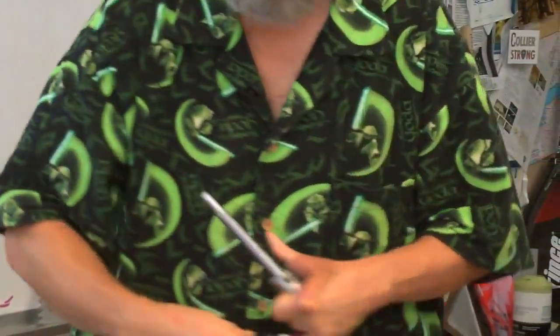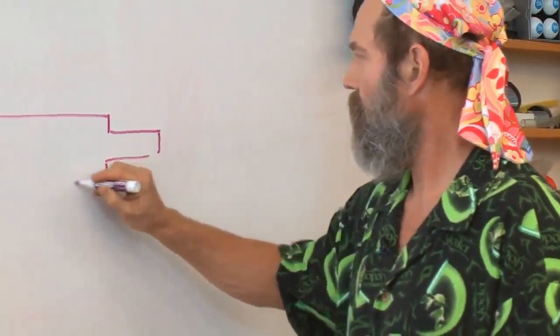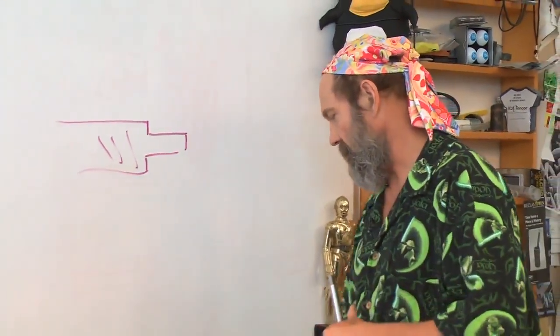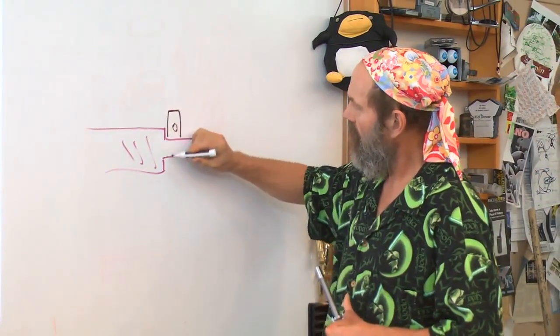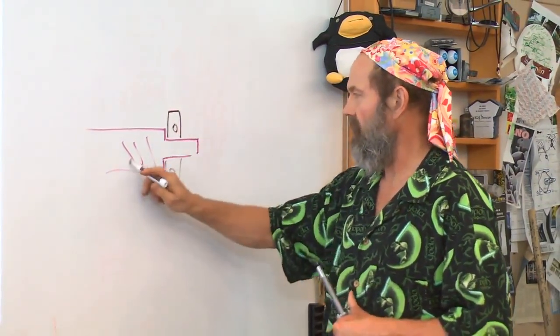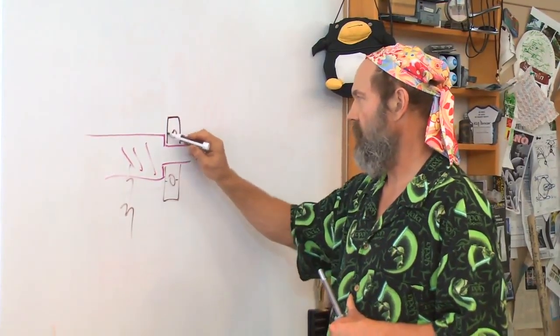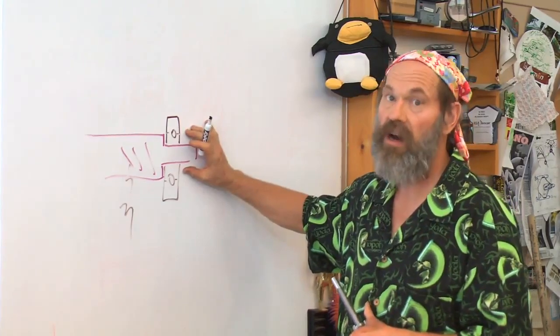The very fact that the screw shaft is held in a bearing system, there's going to be an efficiency associated with the screw shaft. There's also going to be an efficiency associated with how good these bearings are. And if it's a rolling element bearing, it's probably very high.